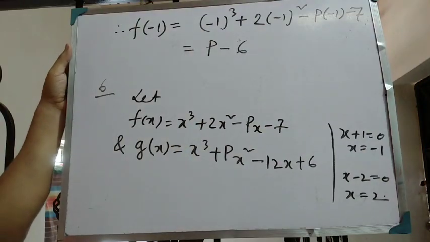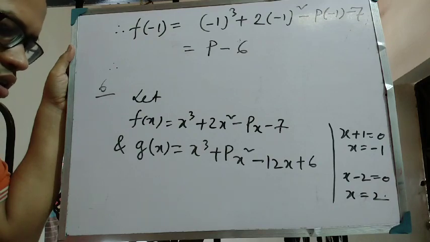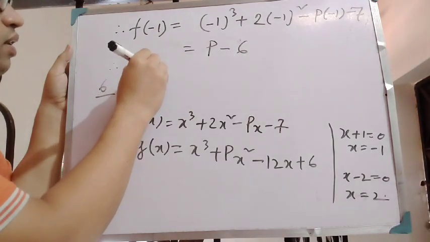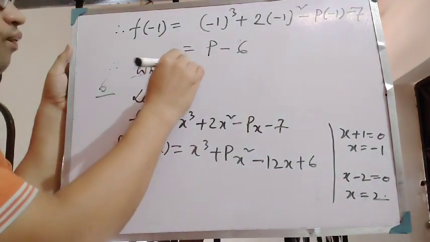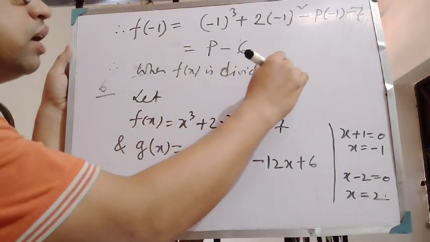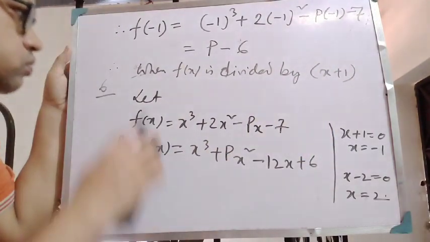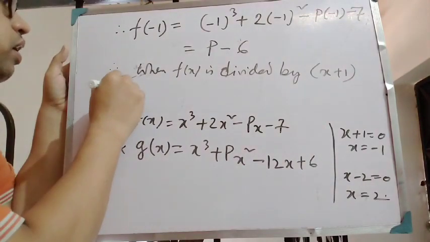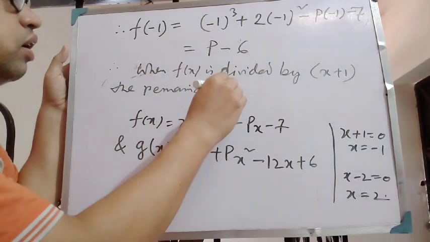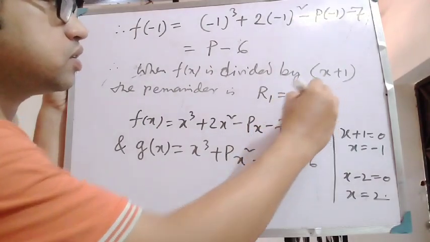p minus 6. So what you can write, when f(x) is divided by x plus 1, the remainder is R1 equals p minus 6.